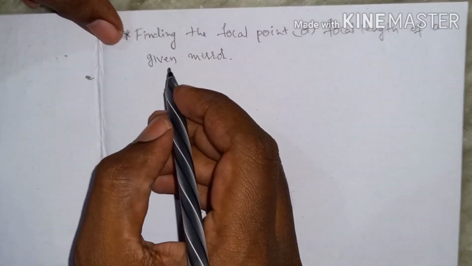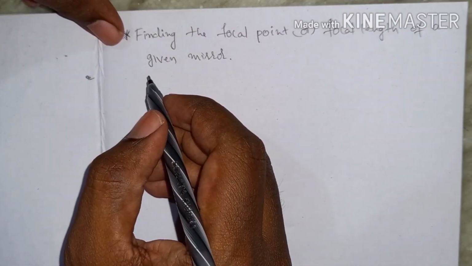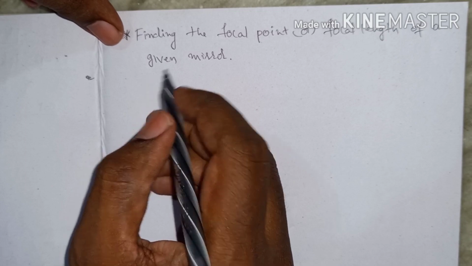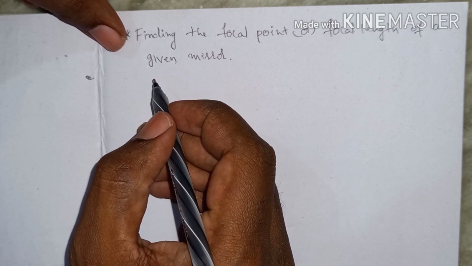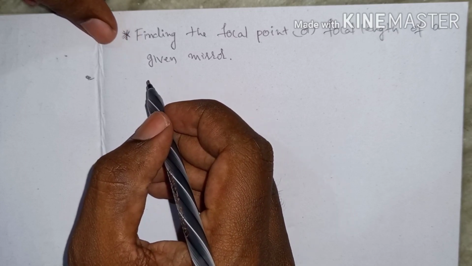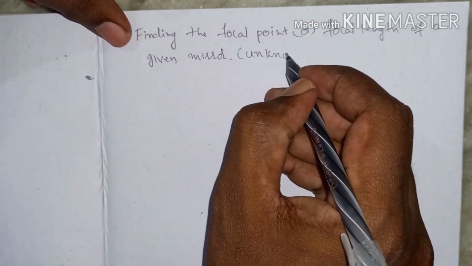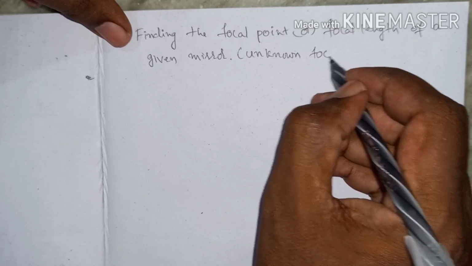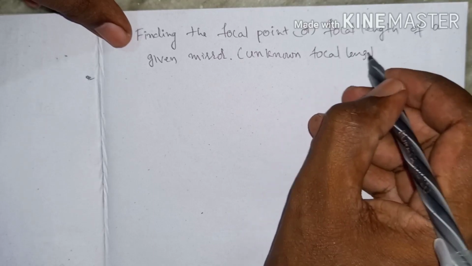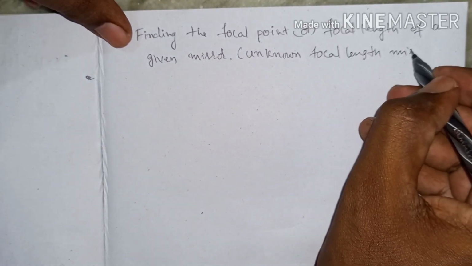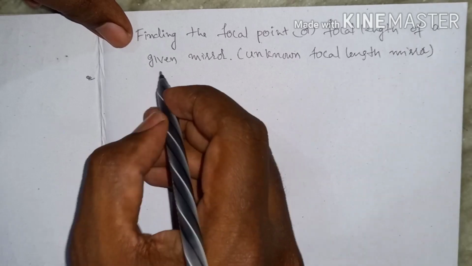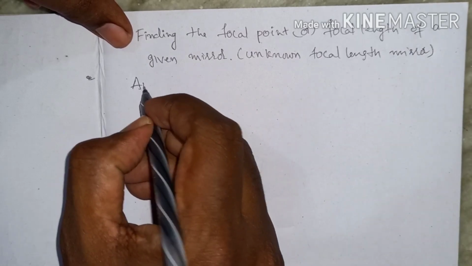Okay students, again I want to explain the activity we have done just now. So what is the activity? Finding the focal length of a given unknown mirror. You can write like this also. Then the first one is what? Aim. What is the aim?